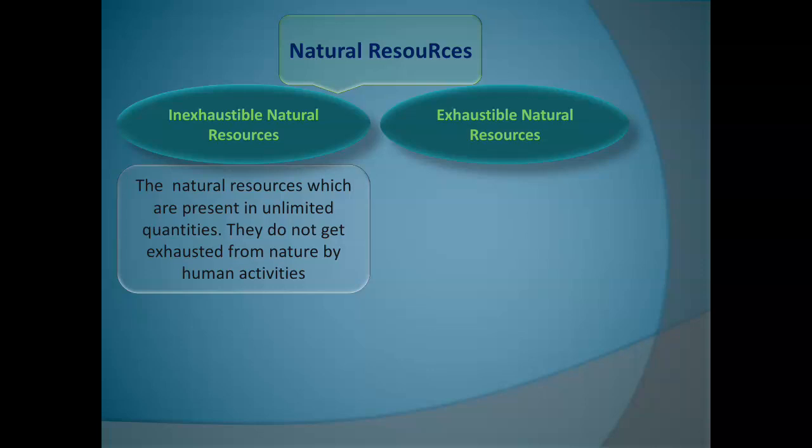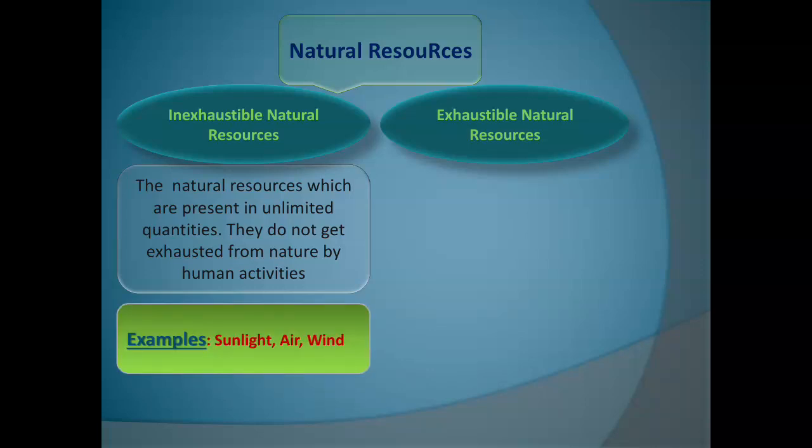They are present in unlimited quantities and our use never can make them exhausted. Okay, some examples are given here. Sunlight. Will it get finished off? No. Air, wind, all these are examples of inexhaustible natural resources.